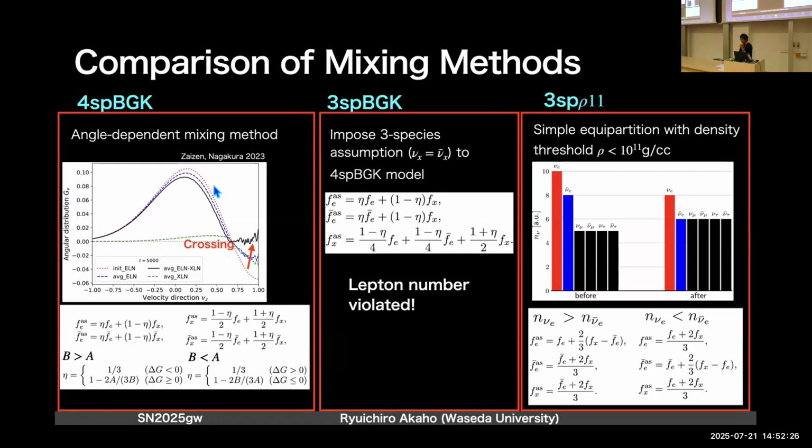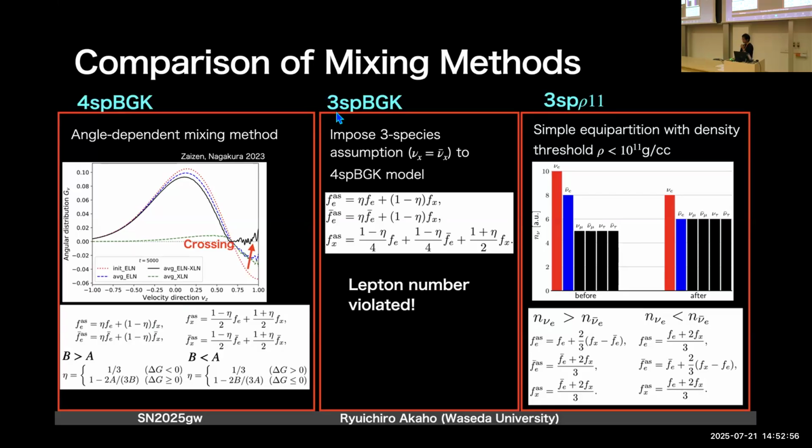So if you have this kind of angular distribution, it eliminates this negative part. Inspired by this nonlinear evolution calculation, we implement a similar subgrid model in the classical neutrino transport, depending on the angular distribution.